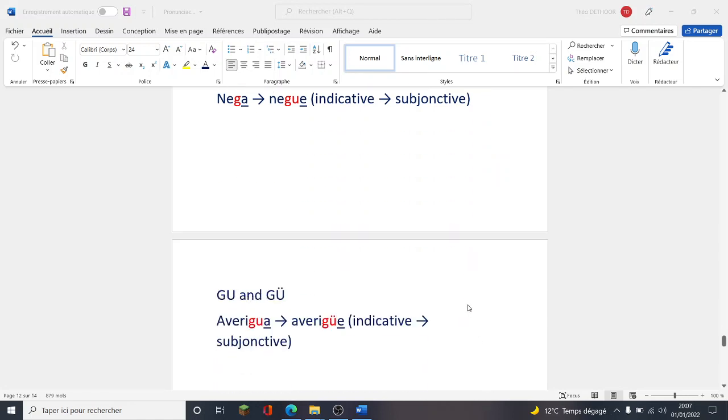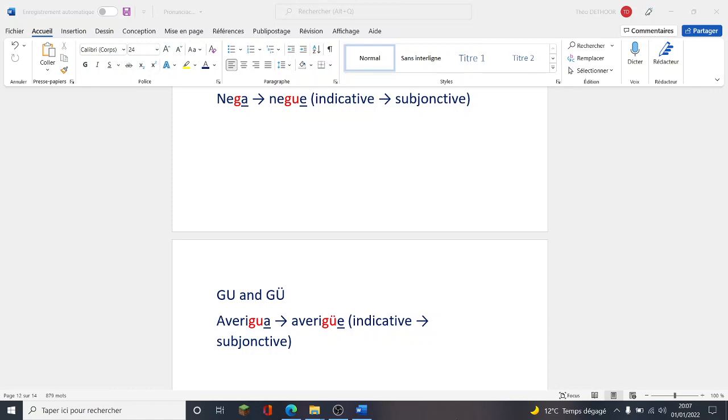But what is going on when you have GU plus A, O, or U? Because in Spanish, if you do have such letters together, you obtain gua, guo, or gu, like in the verb averiguar, conjugated to third person indicative present, you will obtain averigua.